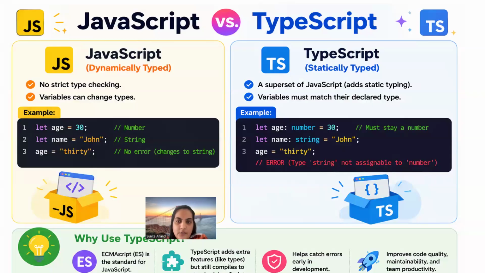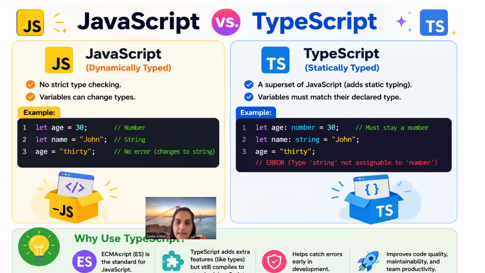So what is the difference you see here? JavaScript is dynamically typed. You are able to assign a new value of any other data type to the same variable. But in TypeScript, it is initially a number data type, and then if you change it to a string data type, it is not allowed, strictly.